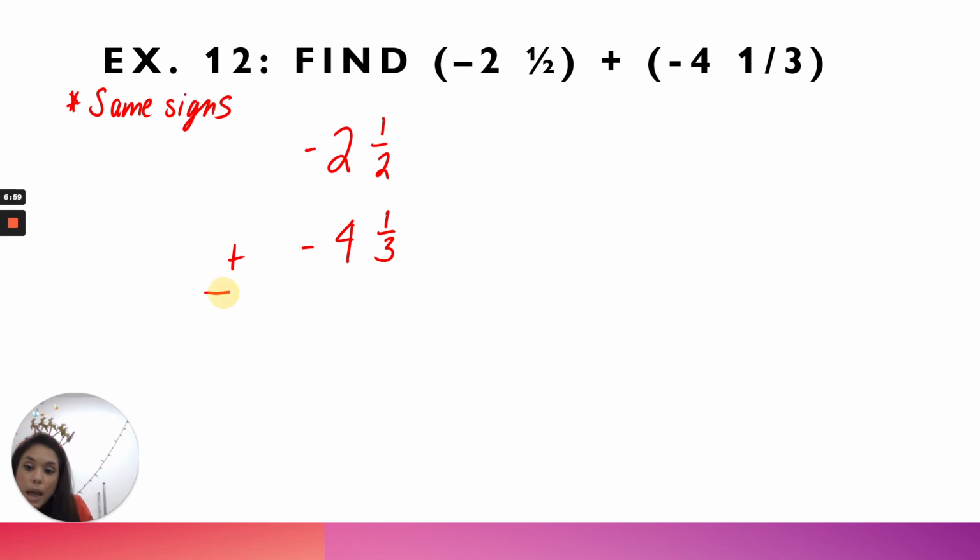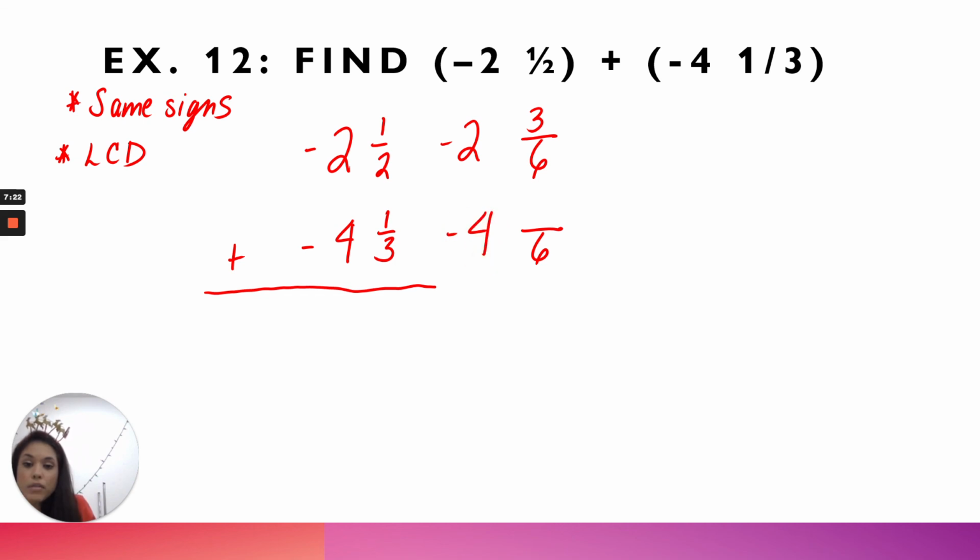And when we add fractions together, the first step would be to find the lowest common denominator, which would be 6. Okay, so for my answer, we have -2 3/6 and -4 2/6.